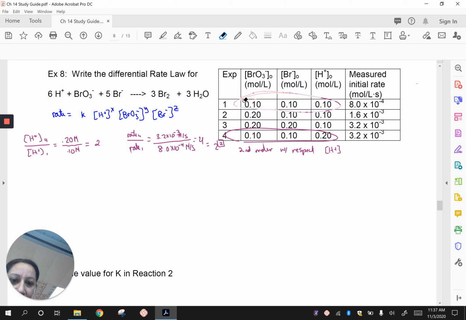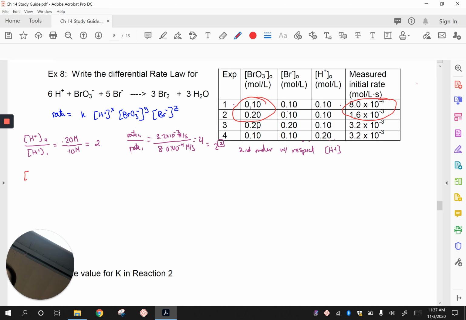So which two experiments would you pick for the bromate? Well, I think I would pick experiments maybe 1 and 2, because for experiments 1 and 2, my bromate is changing, but if you look at the bromide and the H plus, they are remaining the same.